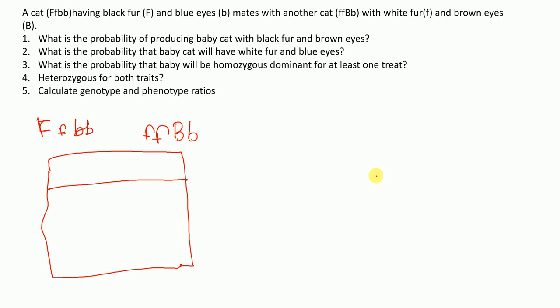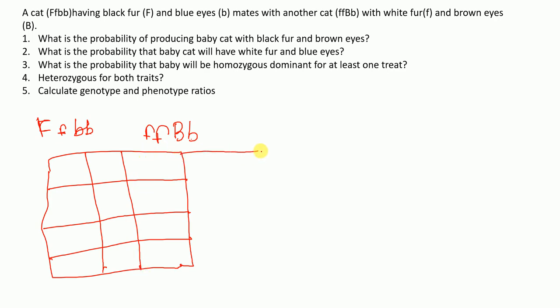Okay, so here we will not put capital F here, and small f here, and small b here, and we will not do it like that. So how we will do it, I will show it here.